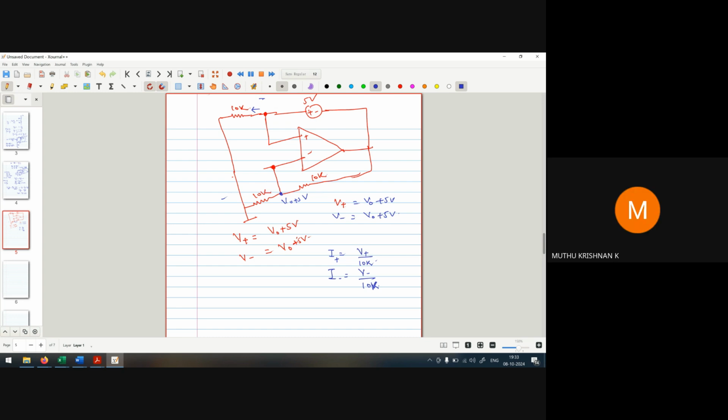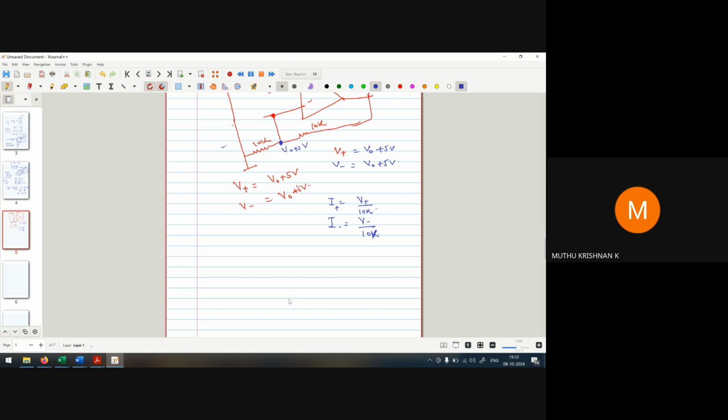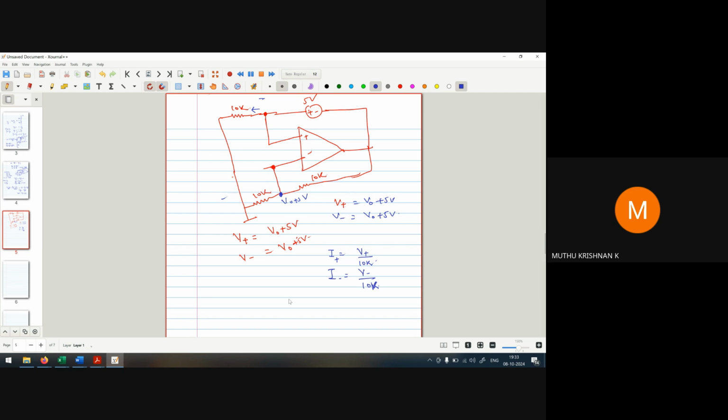Now, if I apply the nodal analysis at this point, what are we getting? Sir, here V plus and V minus are minus 5, right? Why? Because we calculated VO as minus 10.